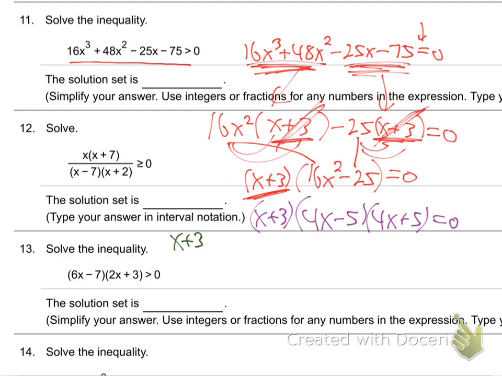Then you set each one of those to 0, right? Because if three things are multiplying to equal 0, each one could be 0. So the first one is 0. The second one is 0. Or the third one is 0. So then jump this one over. So x is -3. To the middle, jump this one over. 4x is 5.